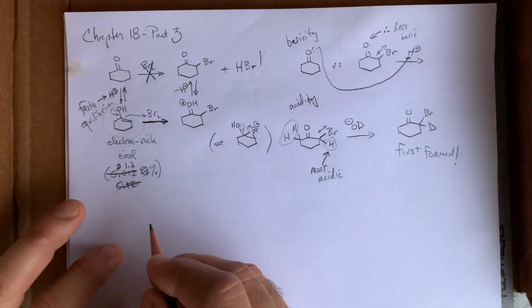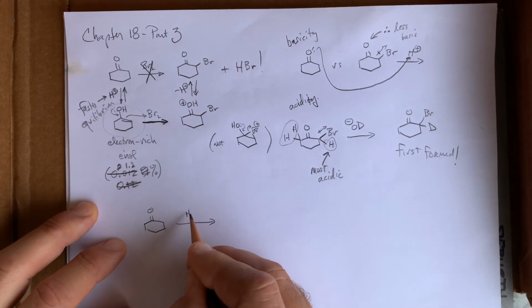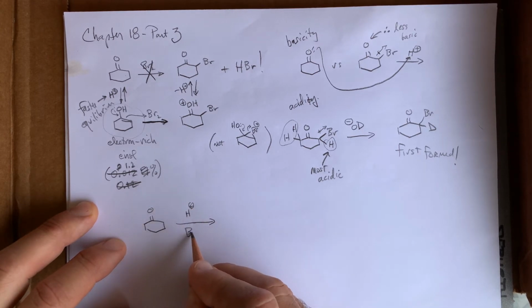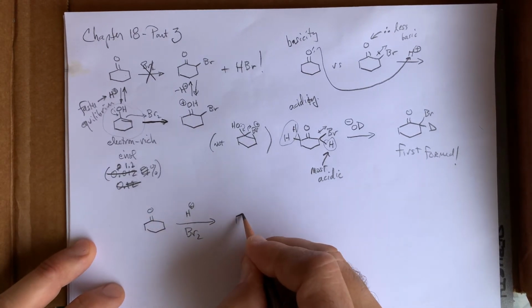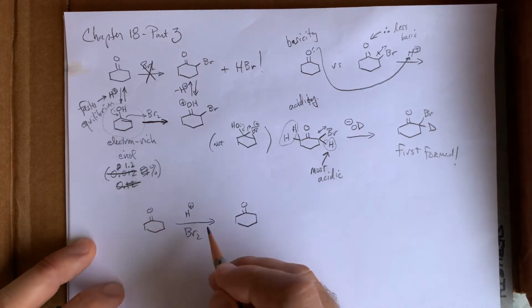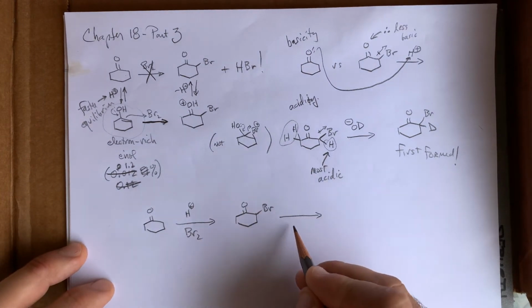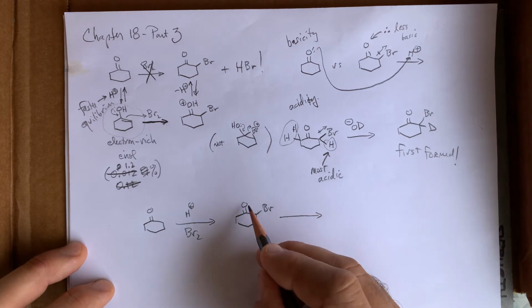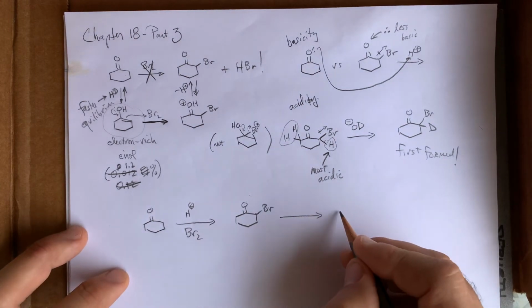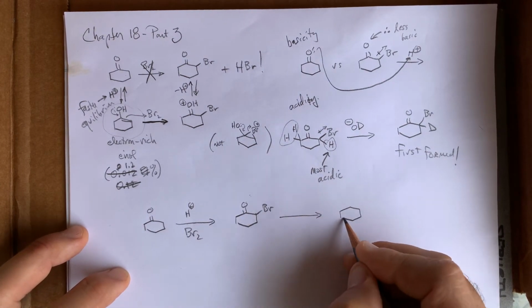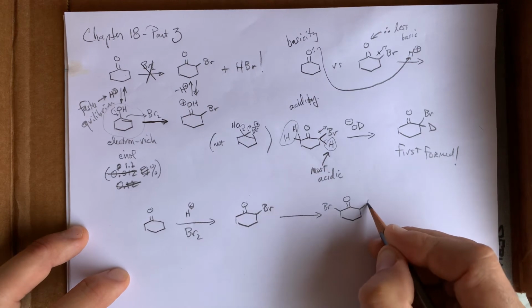What does that mean? If you are brominating under acidic conditions, cyclohexanone or any other ketone, you will enolize and brominate once, and then you could brominate again. It's interesting to think about what happens. You protonate this, and which one of these is the more stable enol. But I'm just going to say, actually, it turns out that it enolizes the other way first.